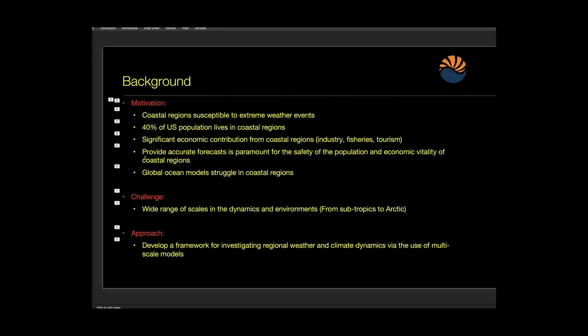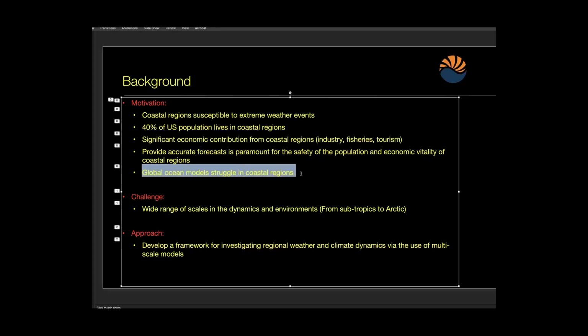And the point to really highlight here is that global ocean models often struggle, and I'm going to show a picture of that a little bit later, in representing the weather, climate, and just general dynamics of coastal regions.